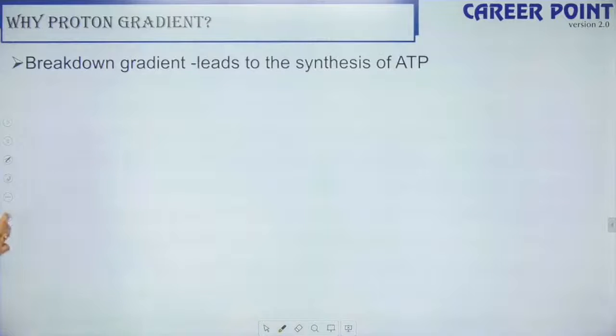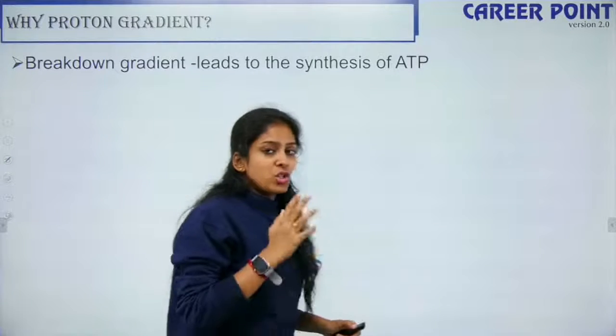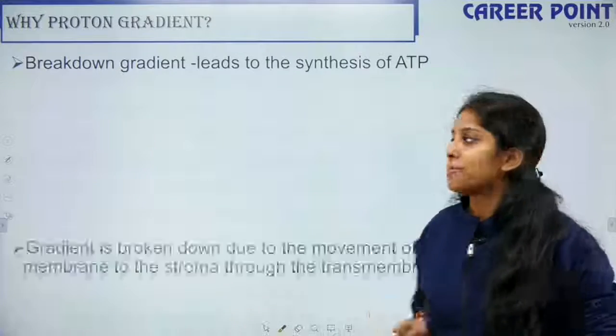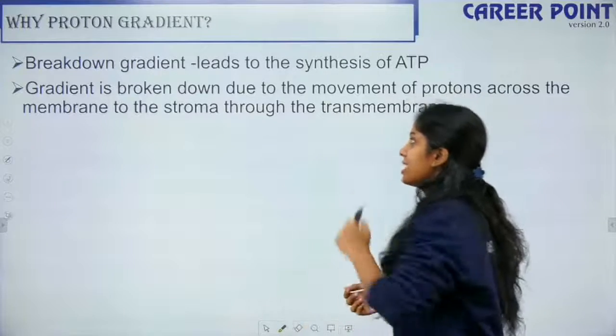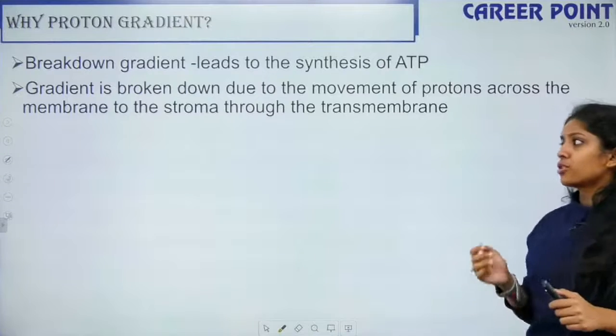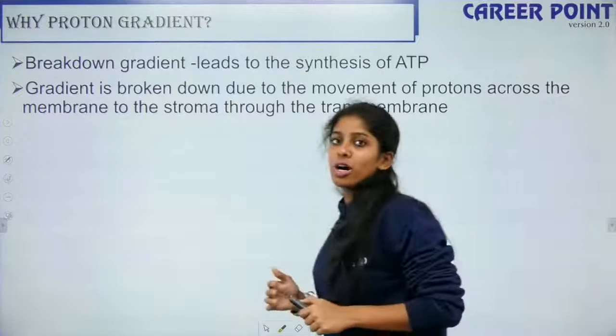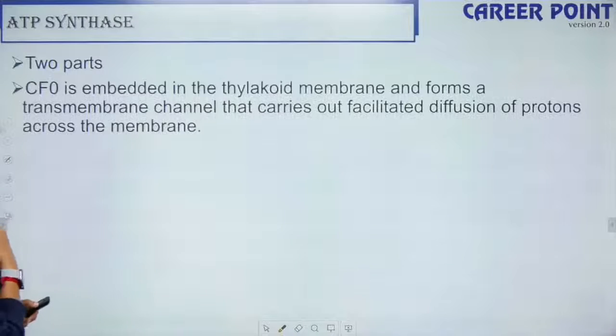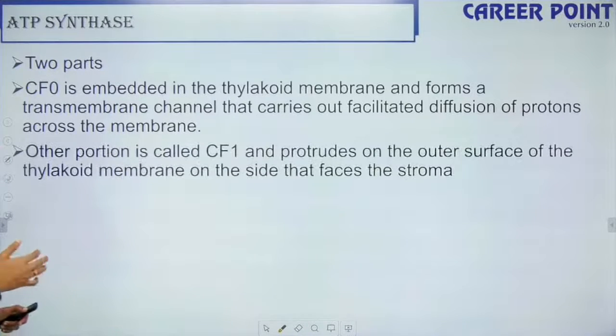So why does this proton gradient have to be there? When there is a gradient, the gradient has to be broken down, only then ATP can be synthesized. The gradient is broken down due to the movement of protons across the membrane to the stroma through the transmembrane channel, for which you need the ATP synthase complex, which has the CF0 and the CF1.